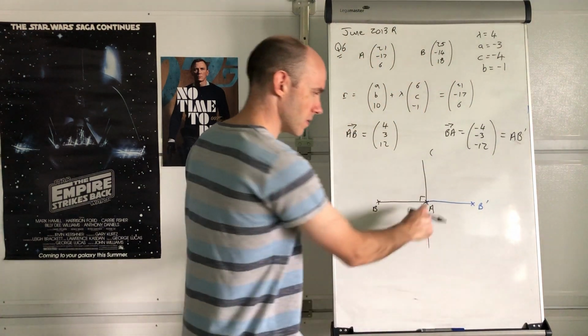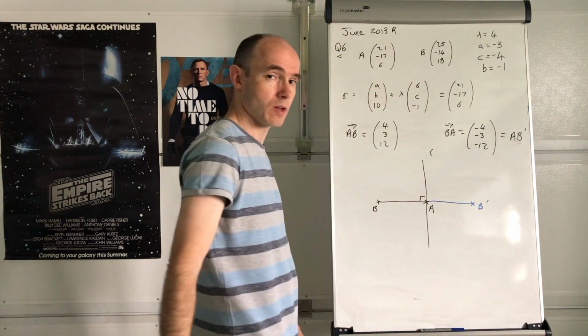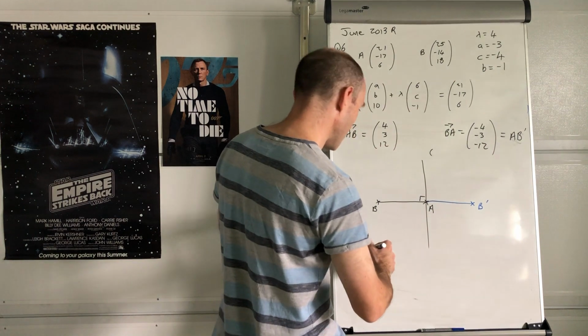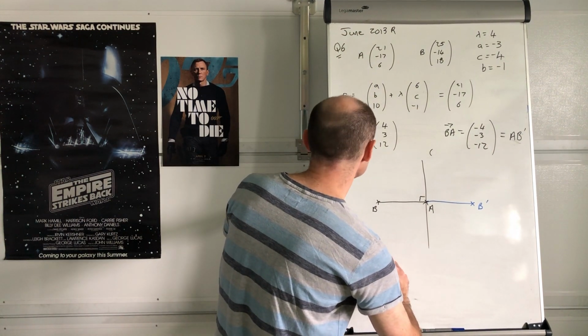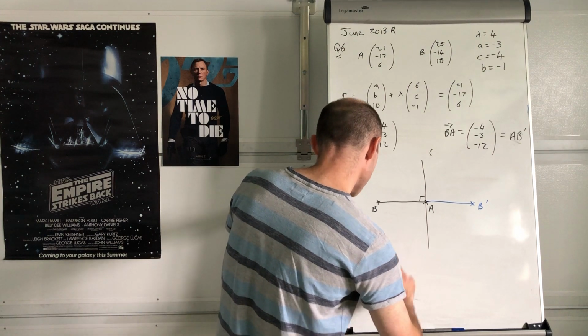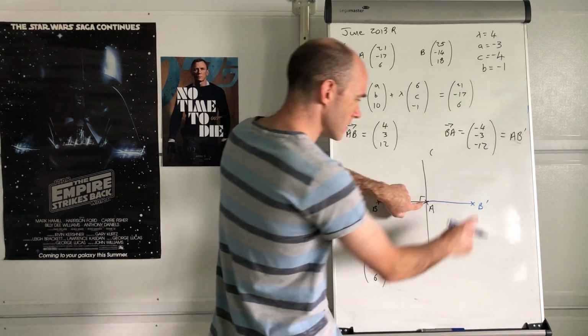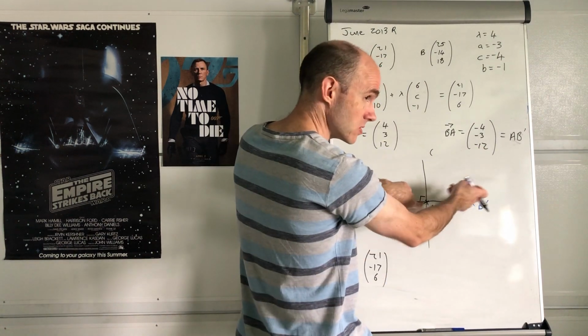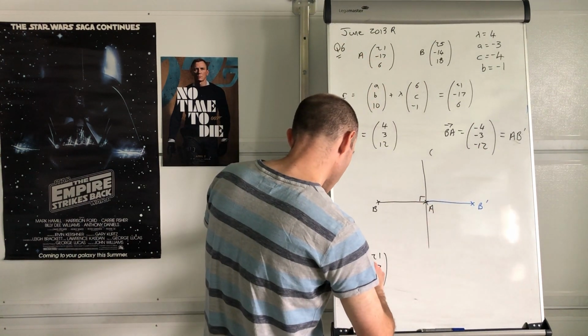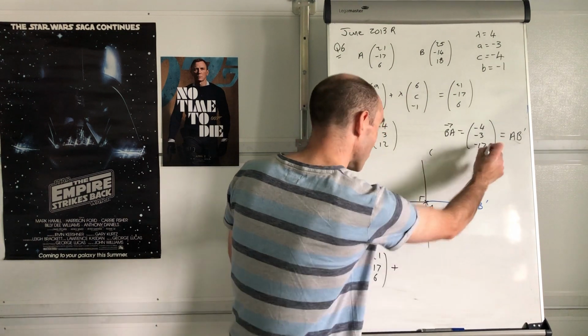Okay, but that's also going to be the same as AB dash. So we've got the vector AB dash. We know point A, okay? We know point A, it's that, isn't it? Point A is 21, -17, 6. So the question is, how do you get from point A to point B dash? Okay, you just start with A and then you add on that vector.